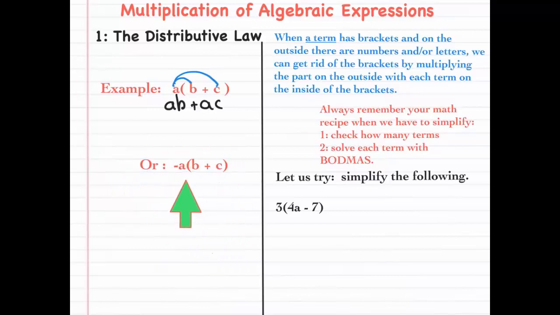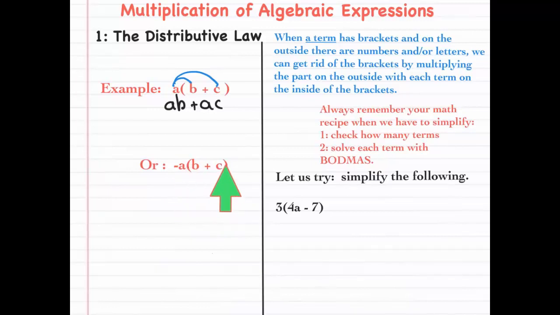Look at this one. Again, my entire sum is only one term because if I draw a line in front of this minus, all of this still belongs together. Again, we want to get rid of these brackets because I have to simplify this term. So are there any brackets? Yes. Can I do a sum in the brackets? No, I cannot. Are there powers and roots to do? No. Is there division? No. Multiplication?